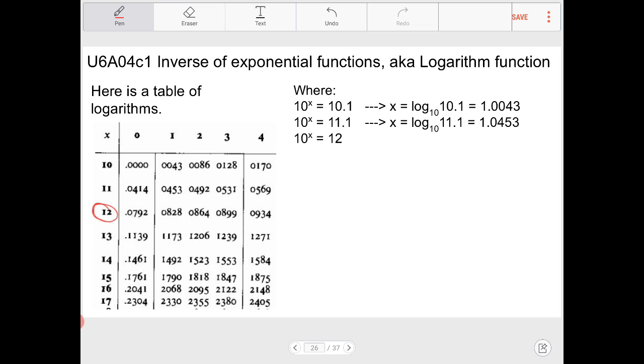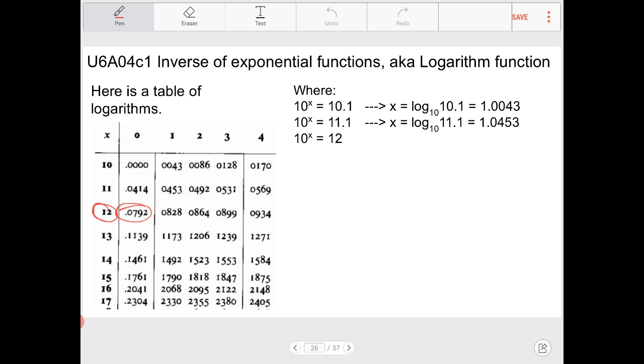This guy down over here is saying x is equal to log base 10 of 12.1, which is equal to 1.0792, and so on. So these tables provide us with a way to figure out logarithms.